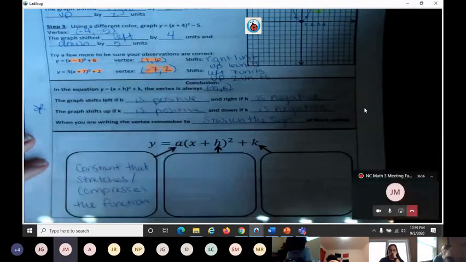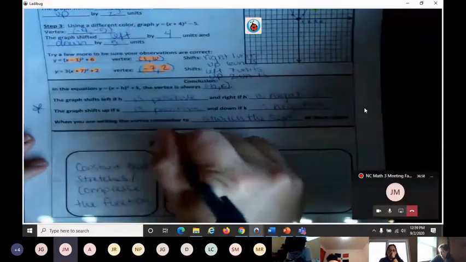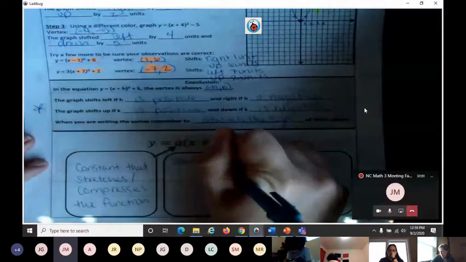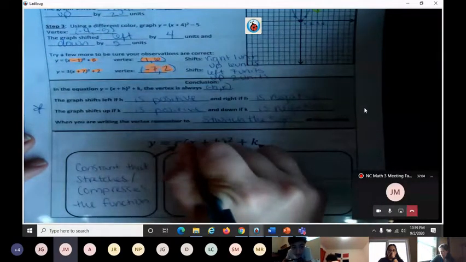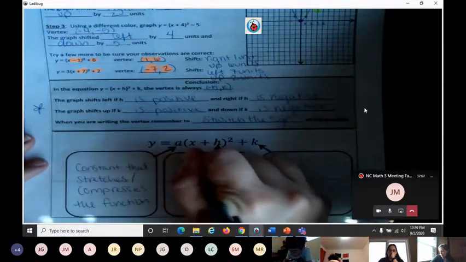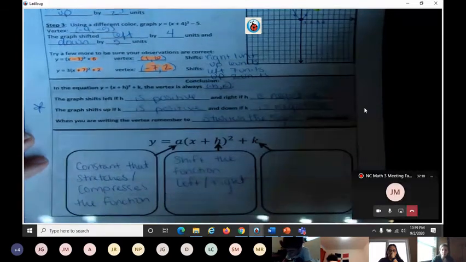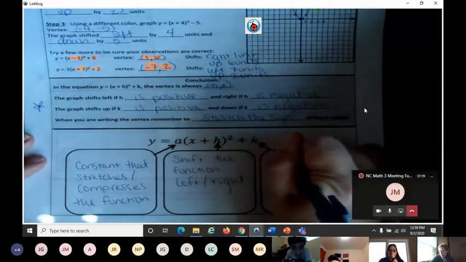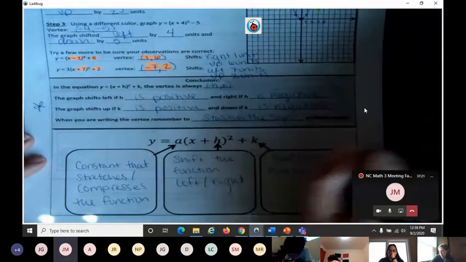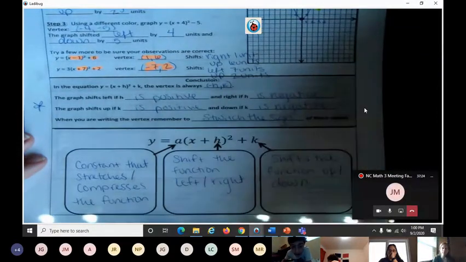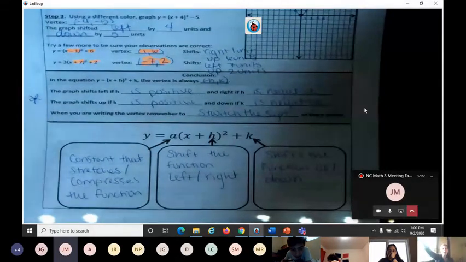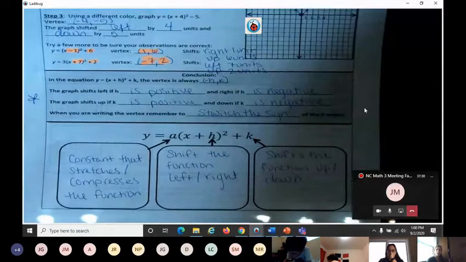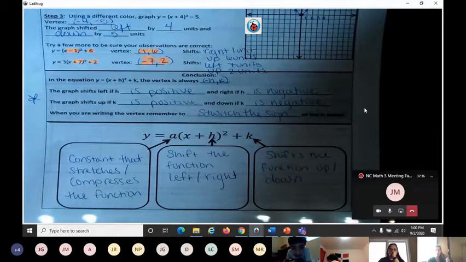Okay, h is going to shift the function left or right. And then k shifts the function up or down. Okay, so make sure you have all of this written down in a notebook or printed out and then copied onto this sheet.